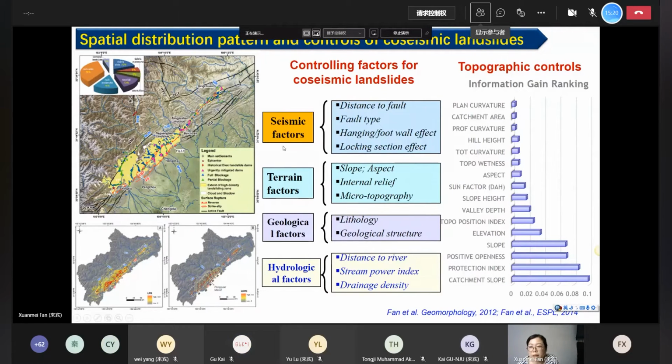The first one is seismic factors: distance to fault, fault type, and hanging wall and footwall effects. Terrain factors are also important: slope, internal relief, etc. And geological factors, as we all know, are lithology, soil type, and geological structure. The hydrological factors are extremely important for landslide dams, actually.